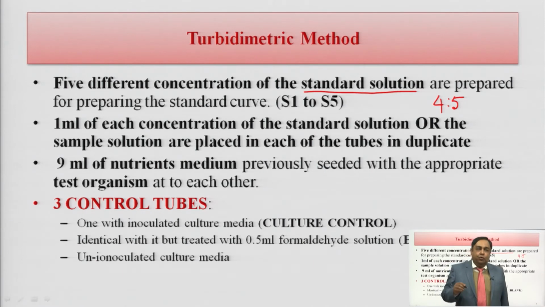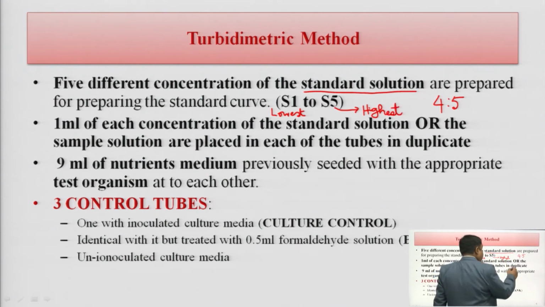That is, we have to prepare 5 different concentrations of the standard in the dilution factor of 4:5, and in this, S1 is the lowest concentration, S5 is the highest concentration for the standard solutions.